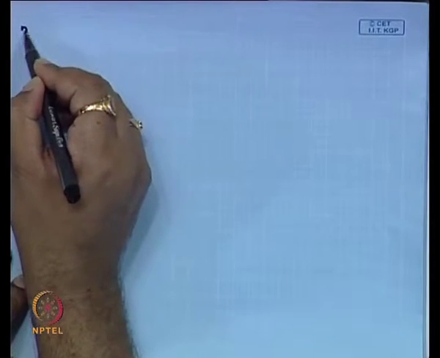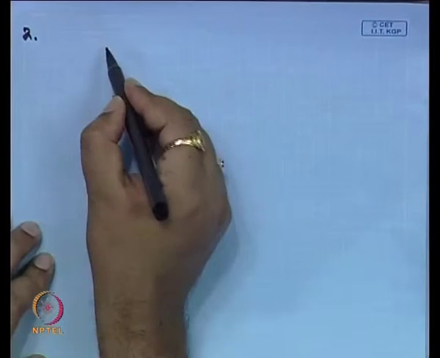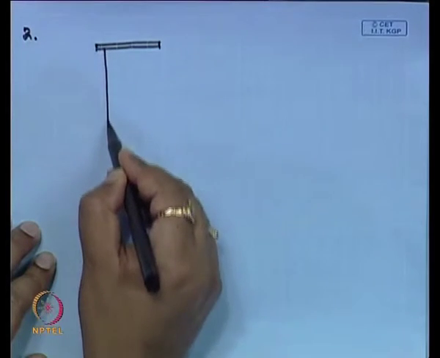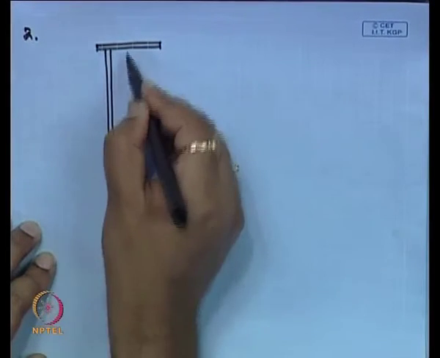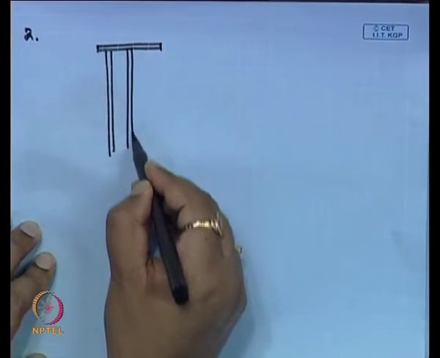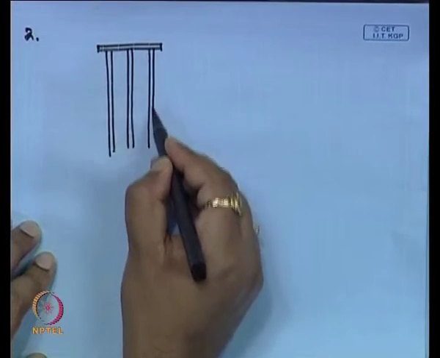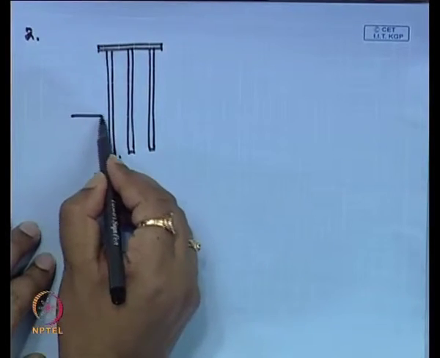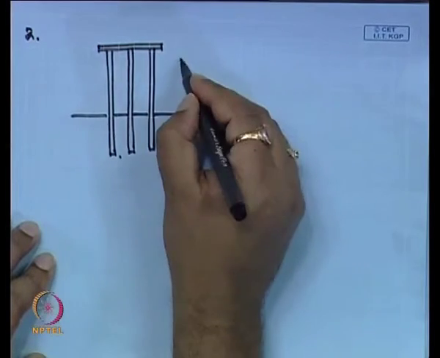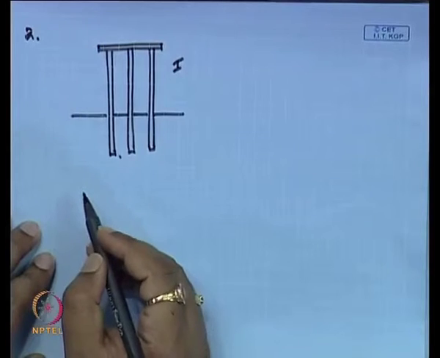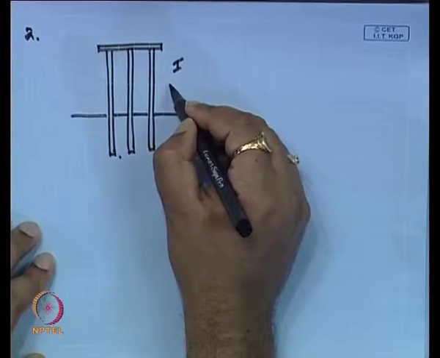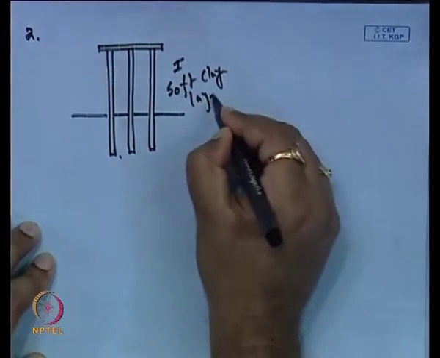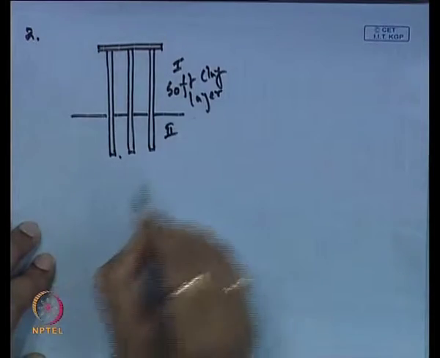The second case: now this is the pile cap which is installed in the soil. Now, there are layered soils, this is one layer, and this soil is the clay layer or soft clay layer. And this is the second layer, this is the strong layer.